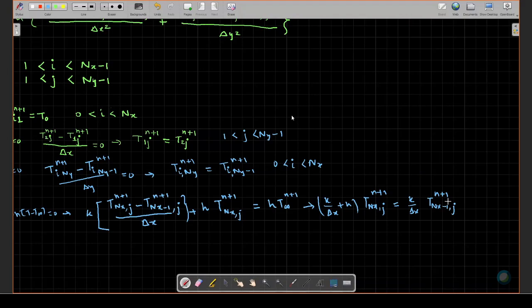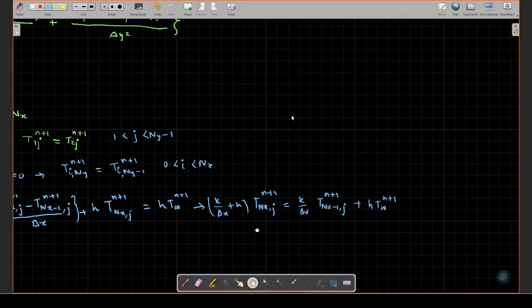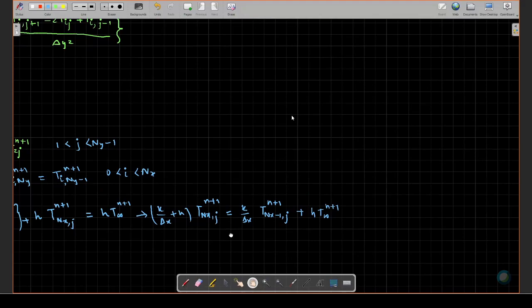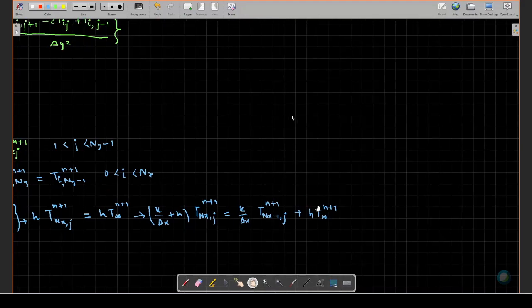So the previous point in the current iteration will be a known value: k delta x T nx minus 1 j plus h T infinity n plus 1. So this is the expression. These are the known values. What you are doing is expressing the unknown in terms of the known. So these are known, these are unknown.